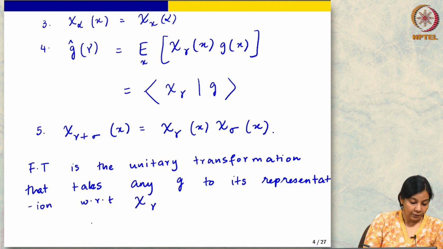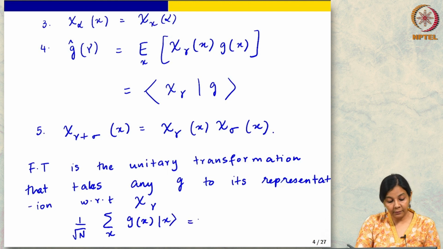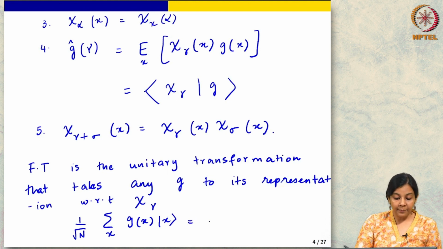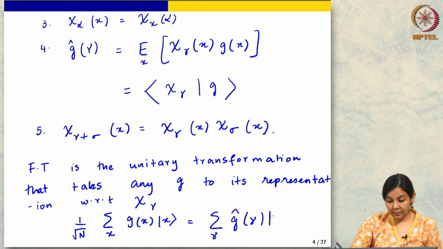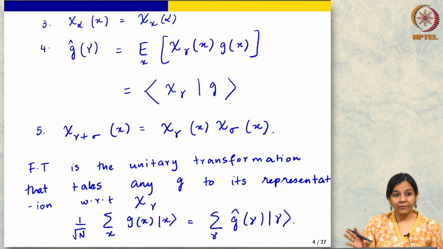In particular, we saw that 1 over root n summation over x of g x |x>, which is the representation using the standard basis, can be written as summation over gamma of g hat gamma |chi gamma>. So this is so far just a recap.